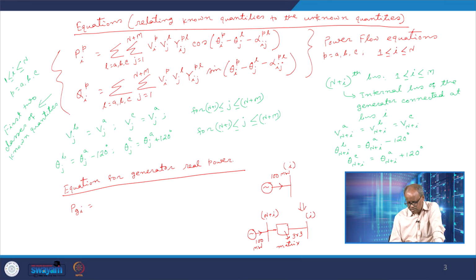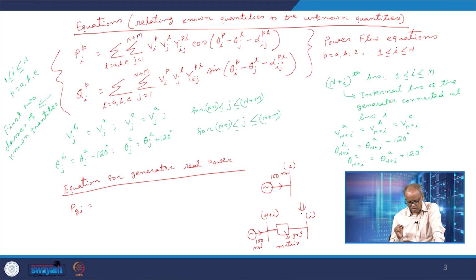So, as this is a reactance matrix, in this path between n plus I to I, there will be no real power loss. Because there will be no real power loss, we can safely assume that this 100 megawatt will ultimately reach bus I also, thereby validating our original specification.